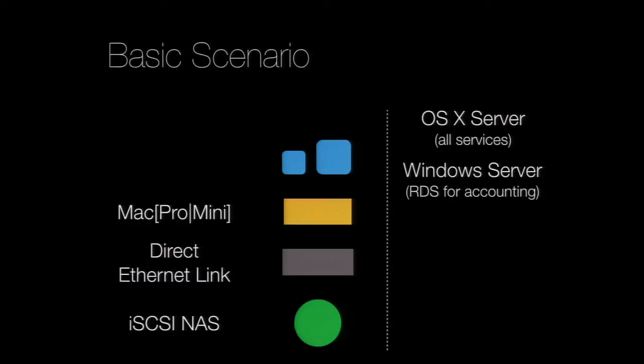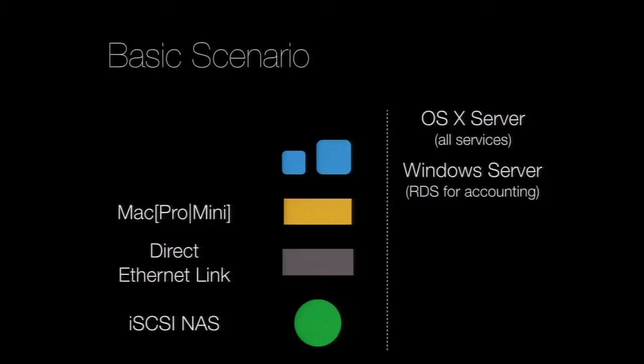Just a direct Ethernet link between the two, and you install ESXi on your Mac Mini, and you run 2 or 3 VMs on it. One for OS X Server, for example, with all needed services, and another one for Windows Server, if you need a terminal server, for example, to run all those non-Mac compatible accounting software.